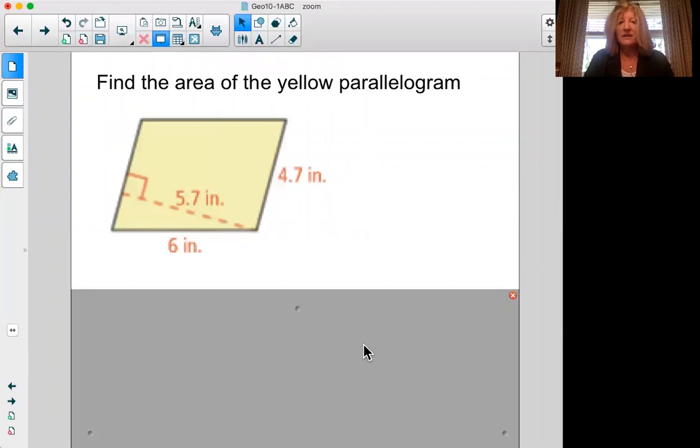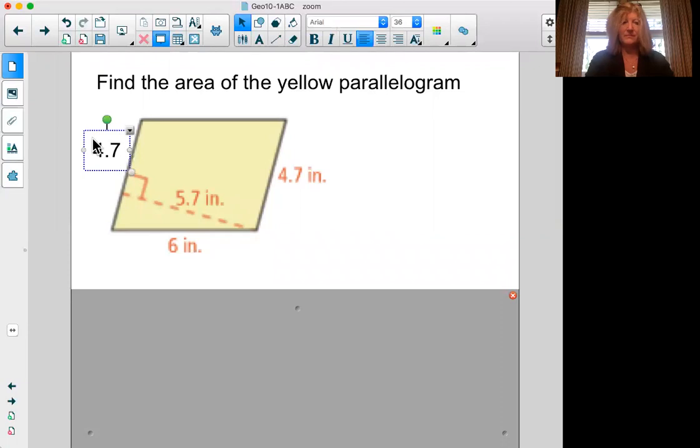On the other hand, in this diagram, I have to use the knowledge that because it's a parallelogram, opposite sides are congruent. So I know that this side will also be 4.7 inches long. And because of that, I see that this base and this height are perpendicular to each other.